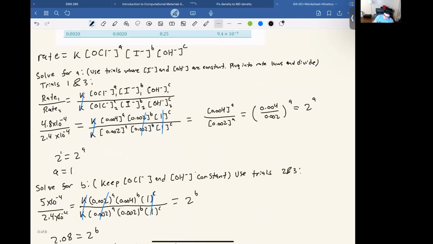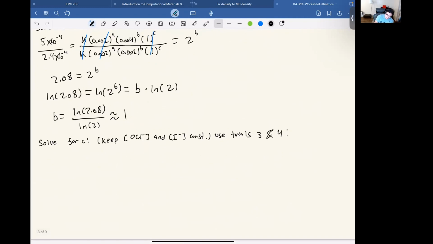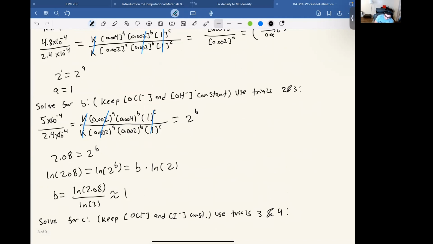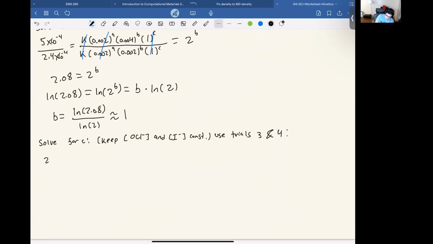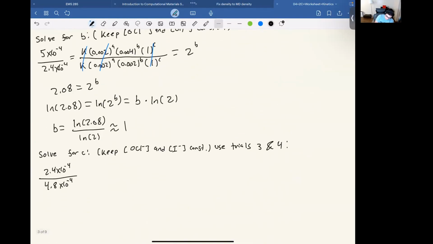Let's use trials 3 and 4. All right, so plugging into the same thing. This is 2.4 times 10 to the negative fourth. I believe this was 4.8 times 10 to the negative fourth. Oh, 4.6.